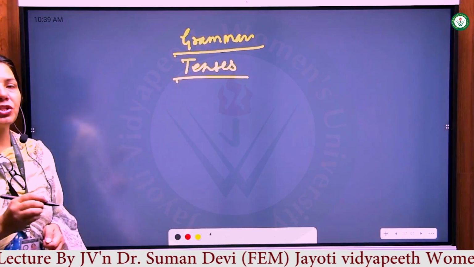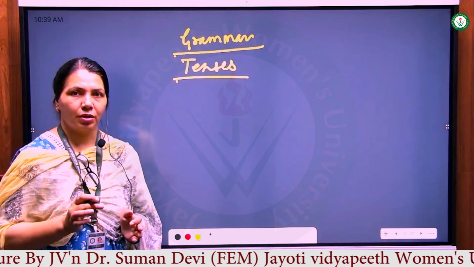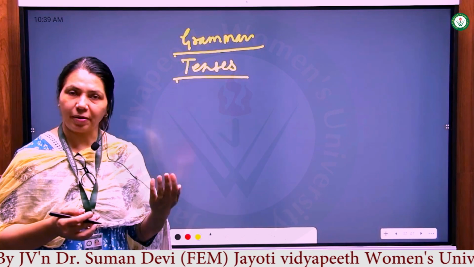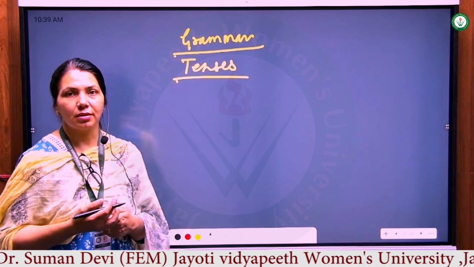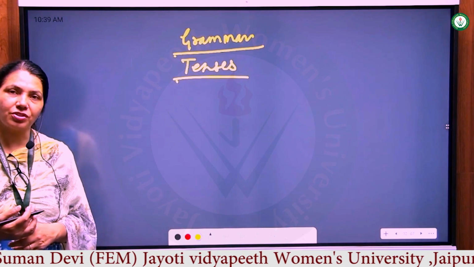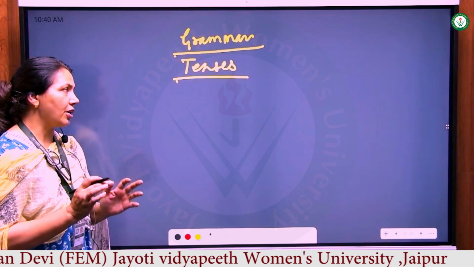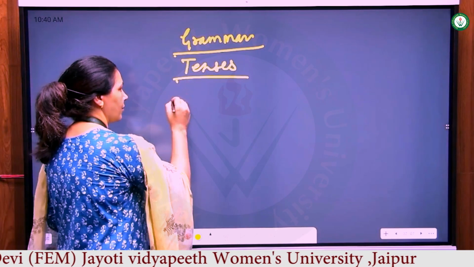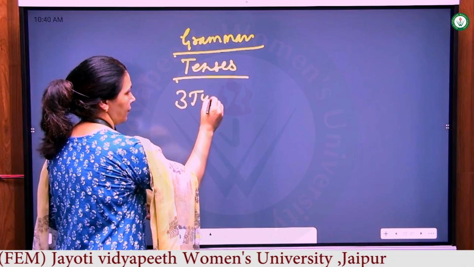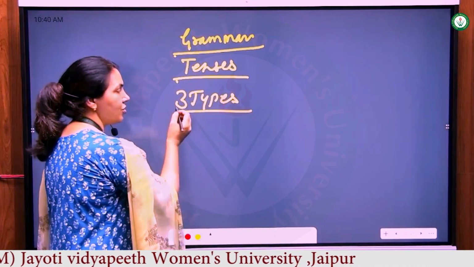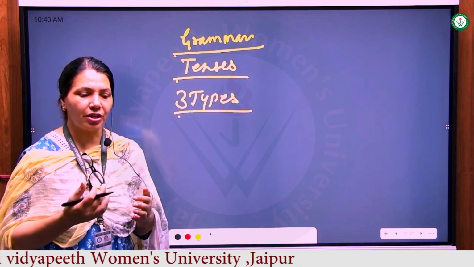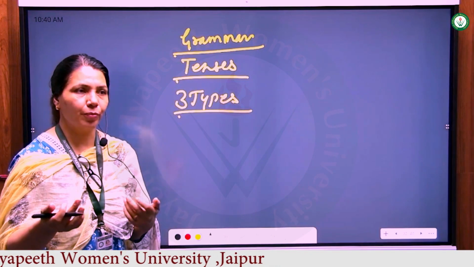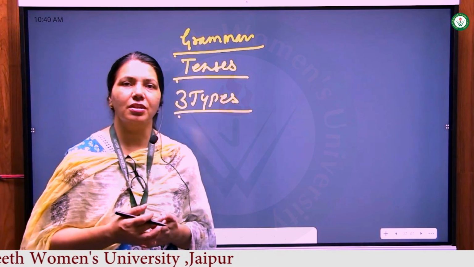The moment you understand what a sentence is, the next step is the types of sentences. Then you talk about tenses, right? How many types of tenses are there? Basically, tenses are of 3 types. These are the 3 types of tenses, and these tenses are further divided more. That I will discuss in the next session.